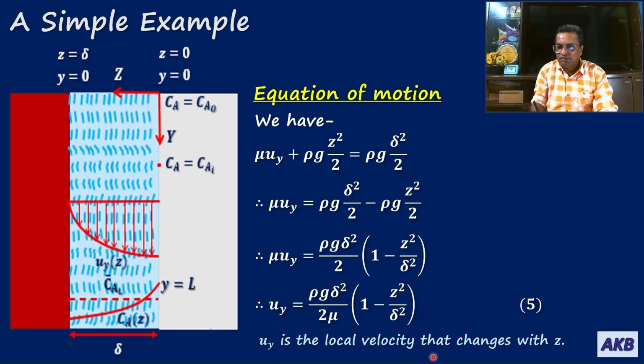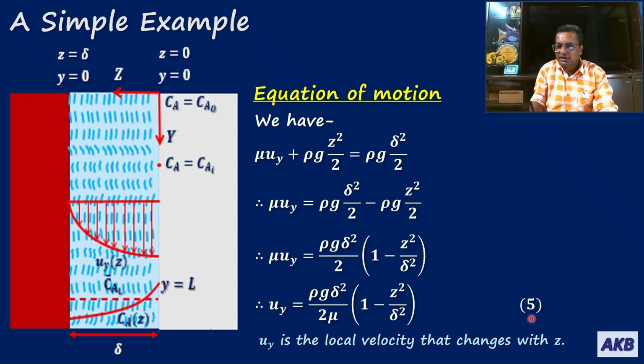Then rho is density, g is acceleration due to gravity, delta is the thickness of the film, mu is viscosity of the liquid, and z is the distance from the surface. As you move away from the surface towards the wall, z is going to increase.